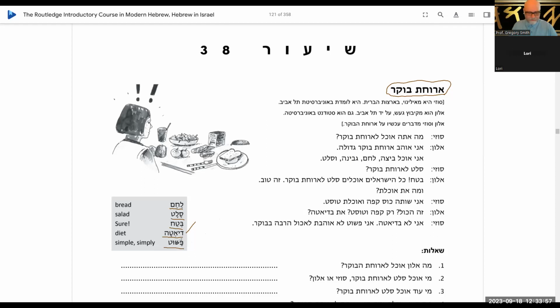Let's see what those sound like. Pashut. Yeah, simple. פשוט. Okay, that's right. All right, how about this one? Dieta. Yeah, diet. דיאטה. That's what I thought that was supposed to be. How about this one? It looks like betach.